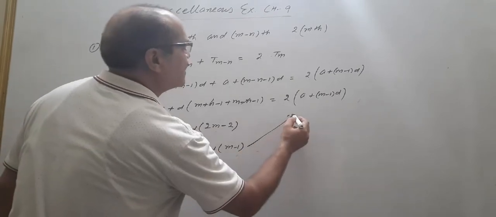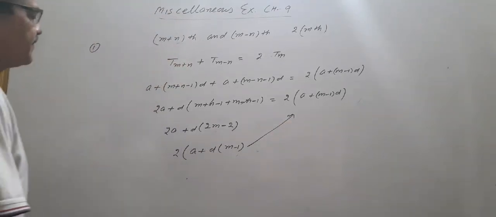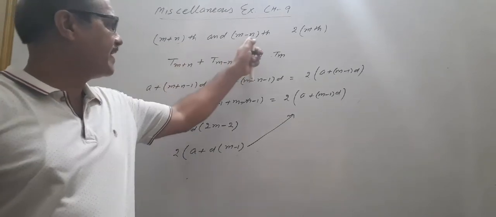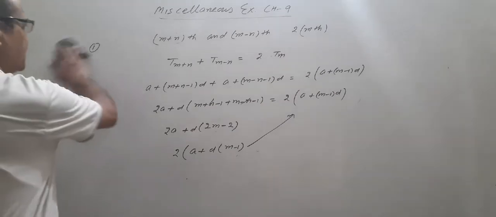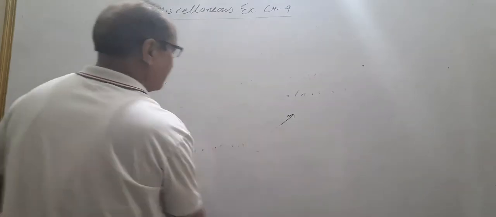So this is the right hand side. So this is the proof of this question number first. The sum of m plus nth and m minus nth term of an AP is equal to twice of the mth term.